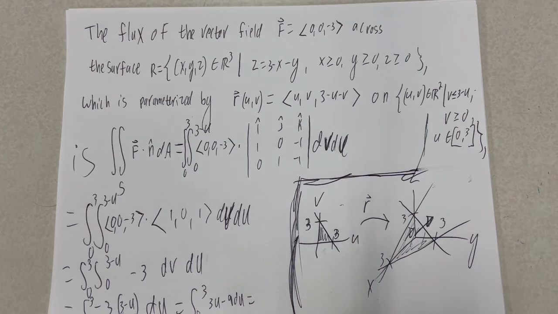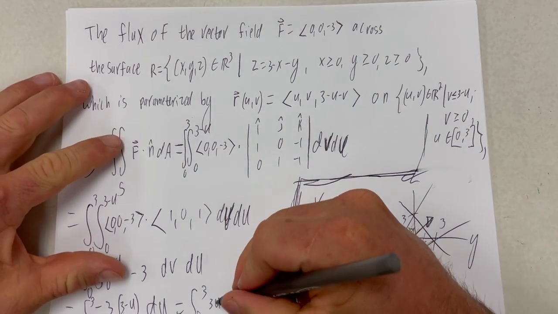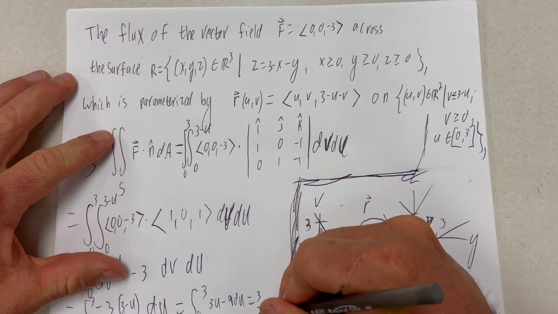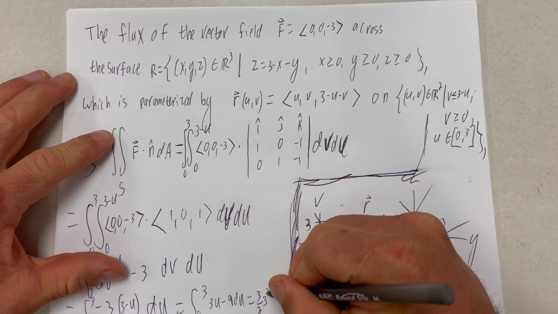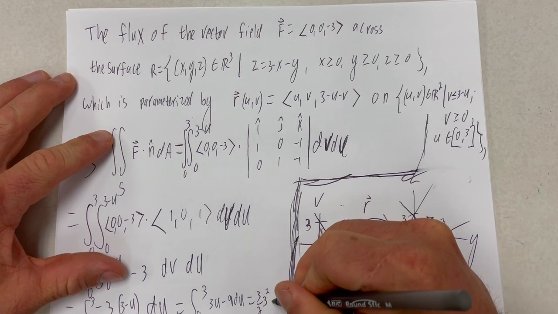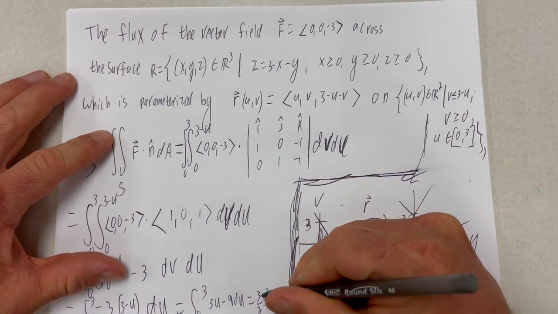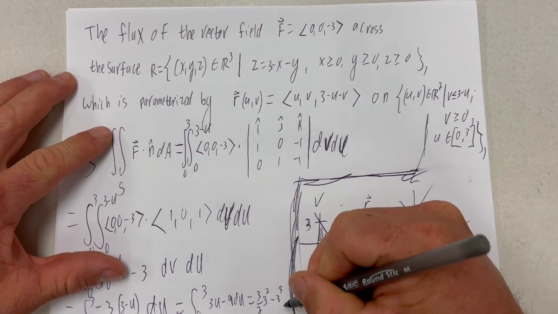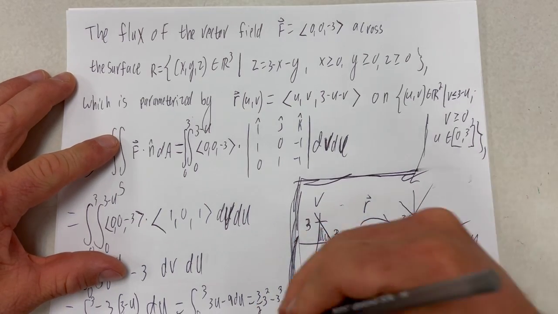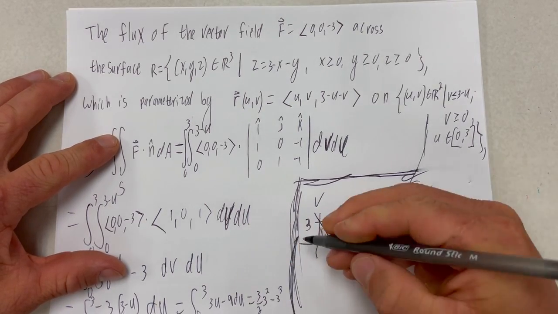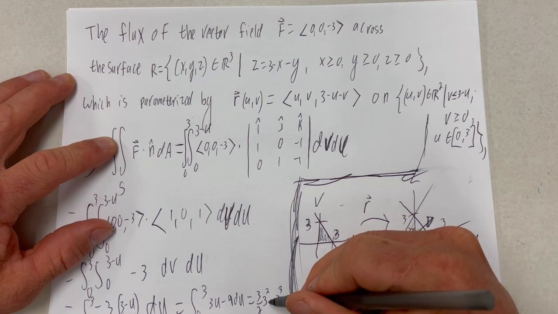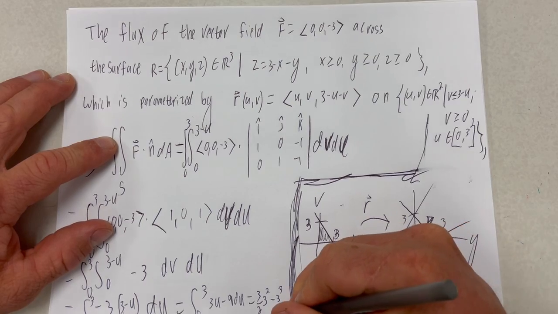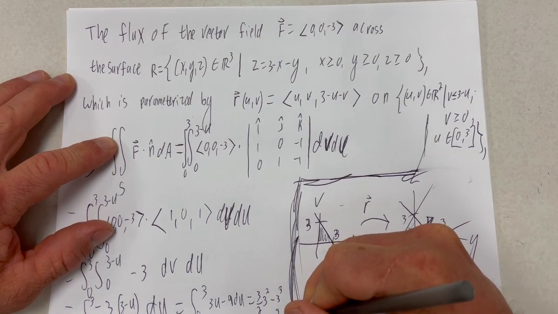And we'll get a 1/2 3 squared, and then a minus 9 times 3, which is 3 to the 3rd. Okay, so looks like the number here is 1/2 of 3 cubed minus 3 cubed, so negative 3 cubed over 2.